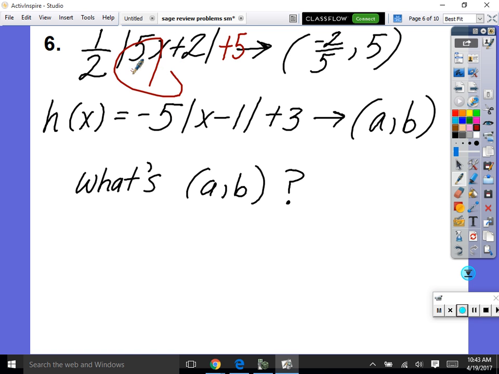So wouldn't this be a shift left 2/5? Because you would set that equal to 0 and solve, right? We have to factor, basically. Then from there, we shifted up 5. So if that's true, then what do we know about AB here? 1 comma 3. That would be correct.